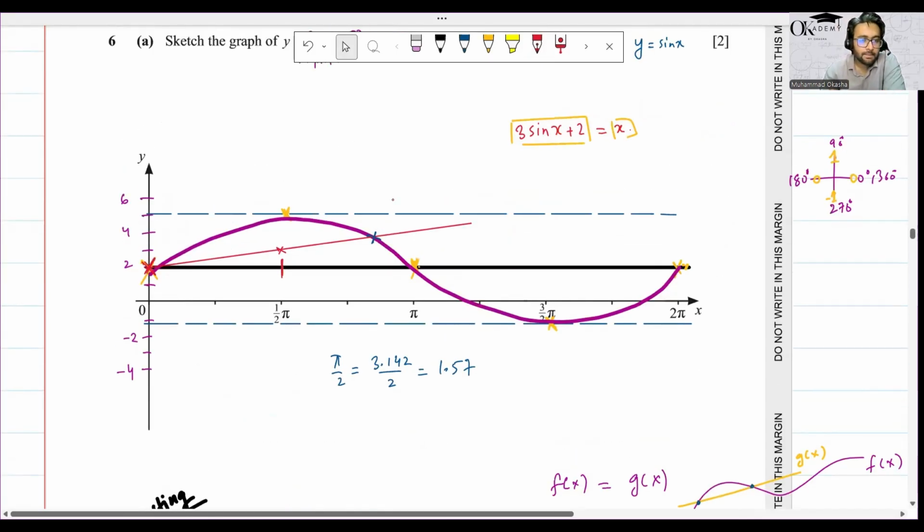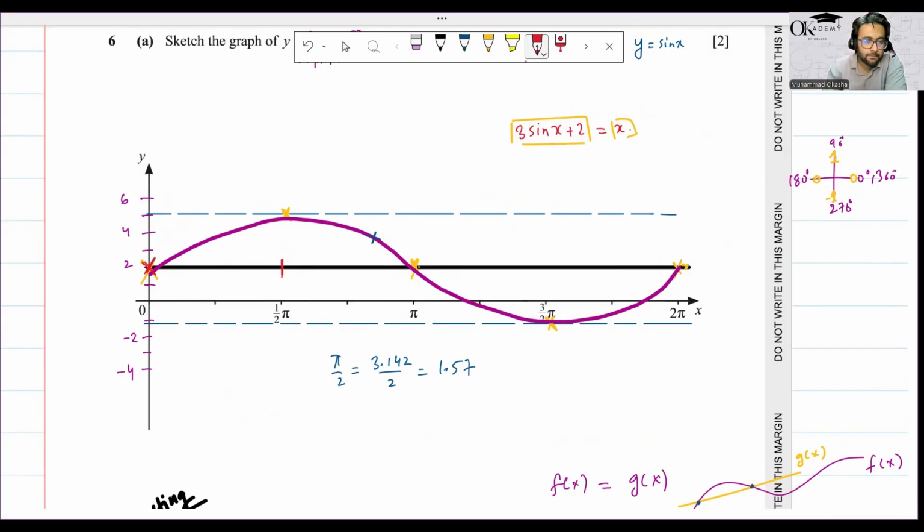The line starts at 5. This is 5. I need one more point to draw a line, so let's take a point which has the same x and y coordinates.